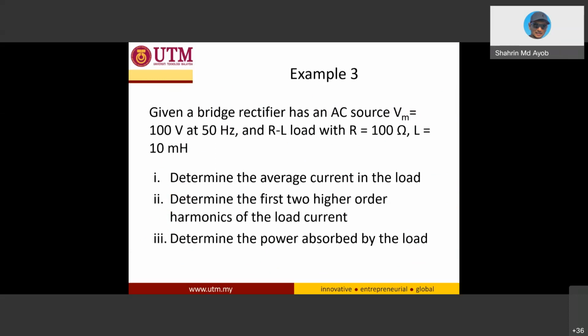Determine the average current in the load.